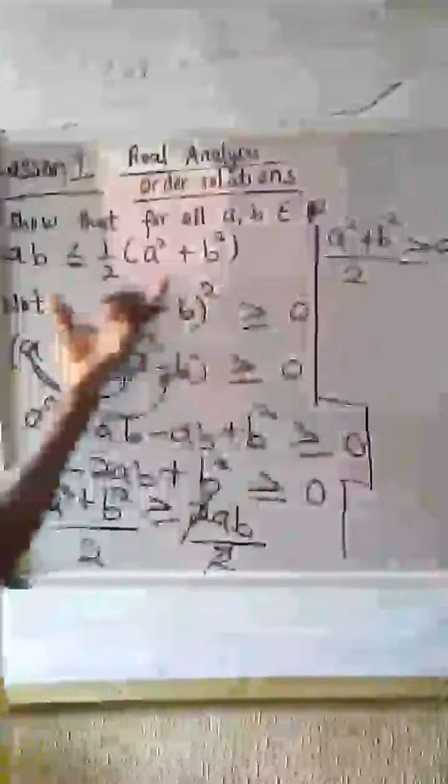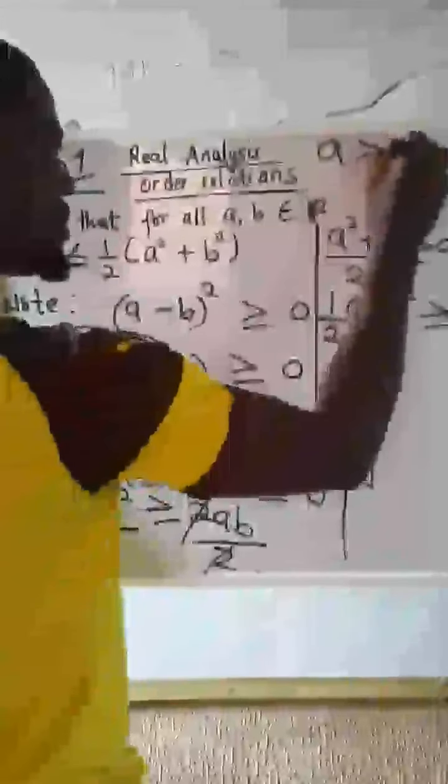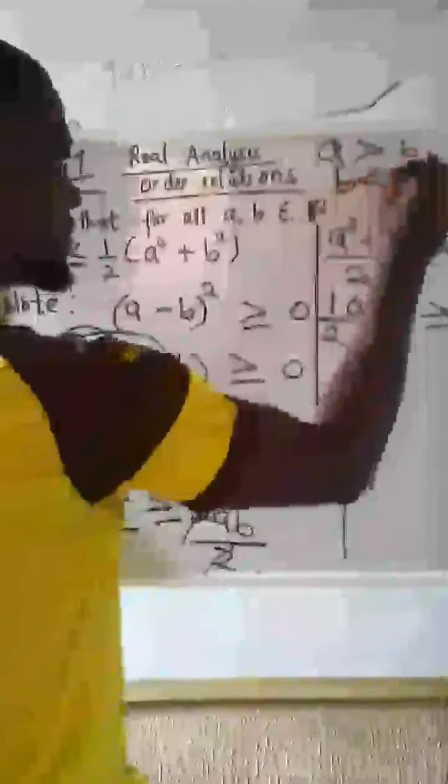Now we can restructure it. This is a squared plus b squared over 2, which can be written as 1 over 2 (a squared plus b squared) greater than or equal to ab. Now take note of this: if a is greater than b, then b is less than a.